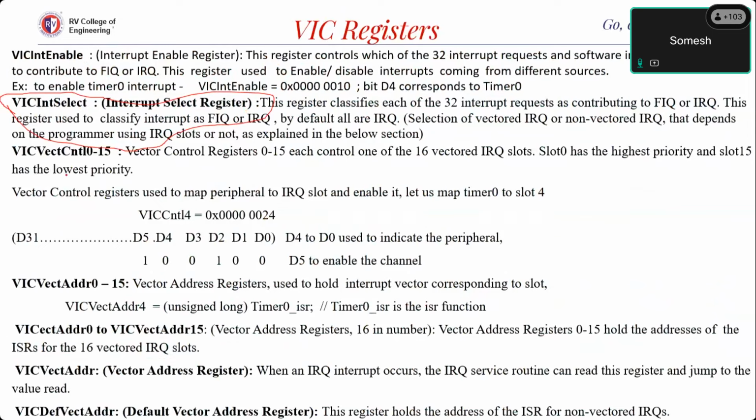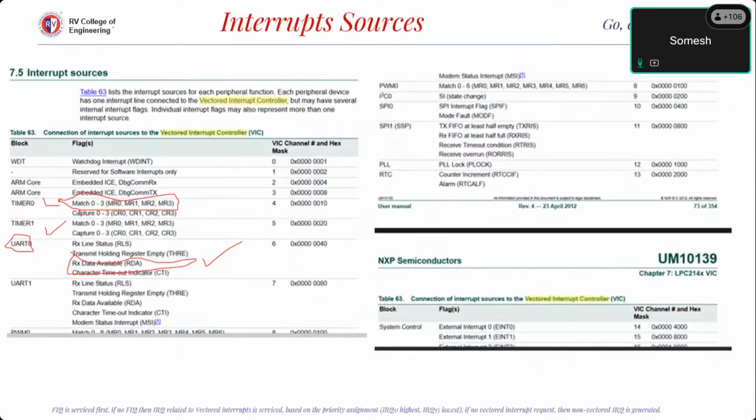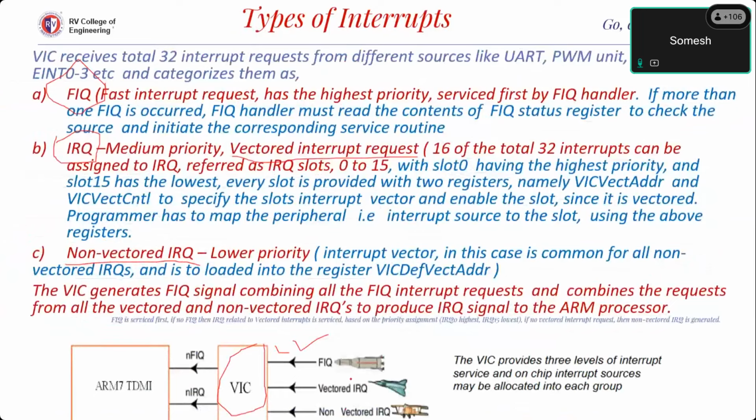Now, let's go to the next register. These two registers, vector control and vector address, are used only when you are assigning the interrupts as vectored IRQ. We have understood that any interrupt generated will be of type FIQ, vectored IRQ or non-vectored IRQ.